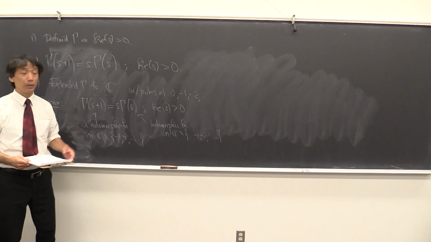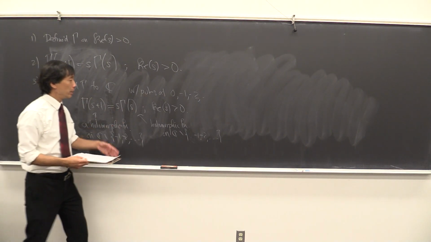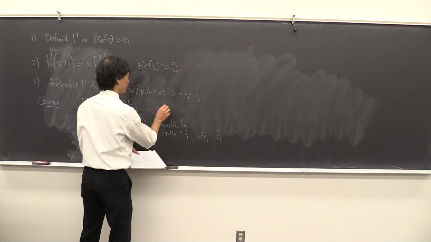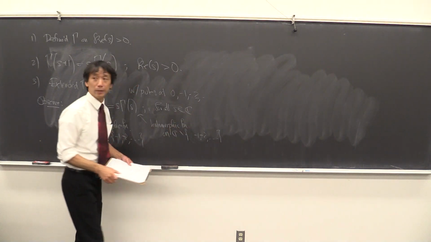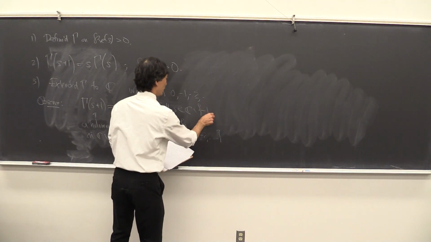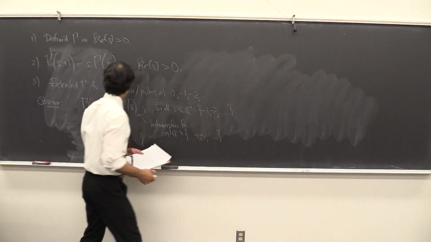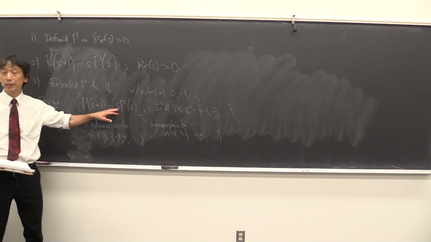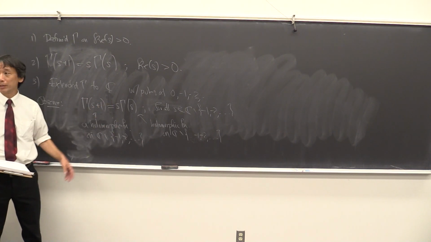So what does that tell you? That tells you that they must be equal on the entire plane, for all s, excluding those points. So the functional equation actually holds wherever these functions are defined.